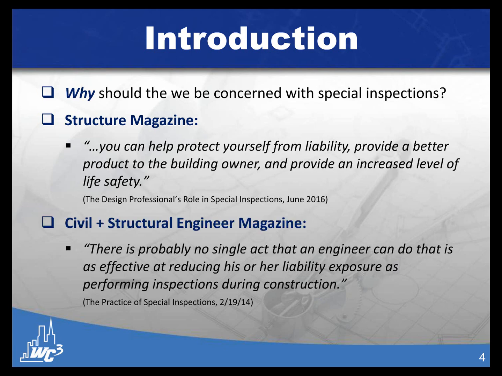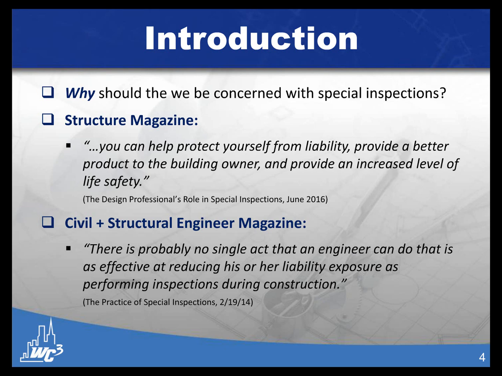Also in Civil and Structural Engineering magazine, they say there is probably no single act that an engineer can do that is as effective at reducing his or her liability exposure as performing inspections during construction. Obviously, they're not talking necessarily just about special inspections here.